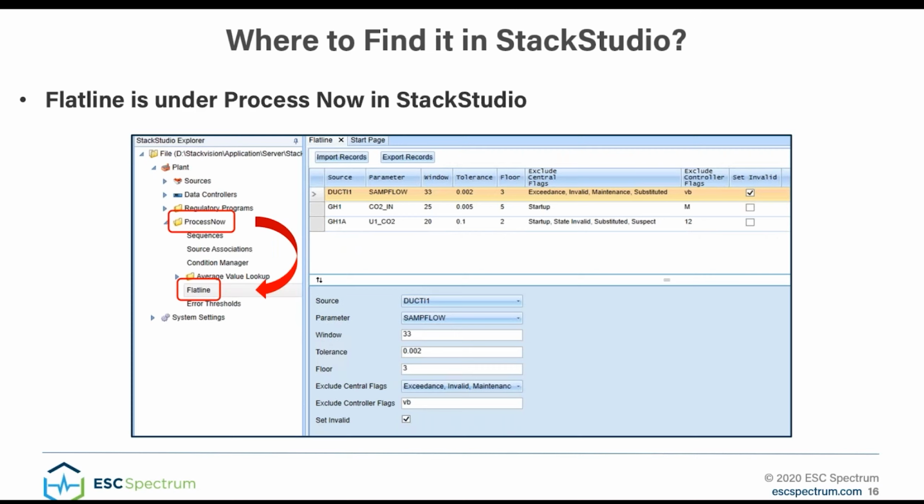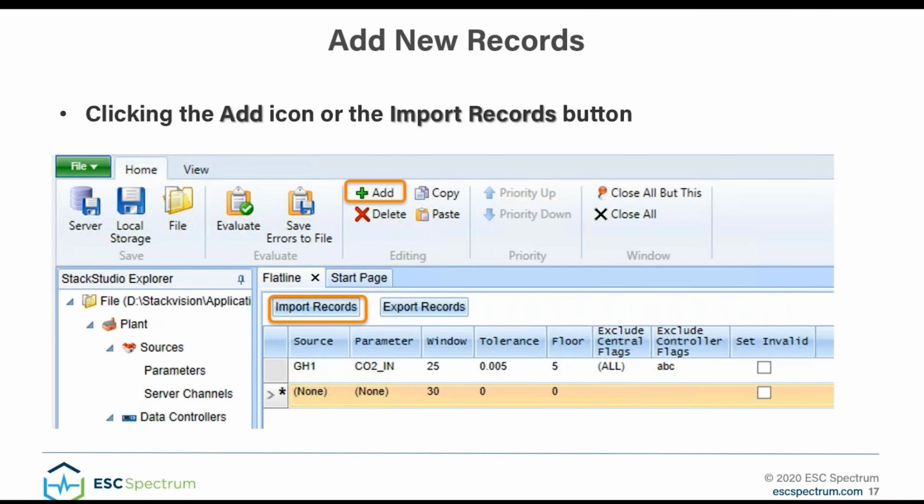Flatline is located in Stack Studio under Process Now. To add new records, you can either click the Add button or you can import records by clicking the Import Records button and importing a CSV file.